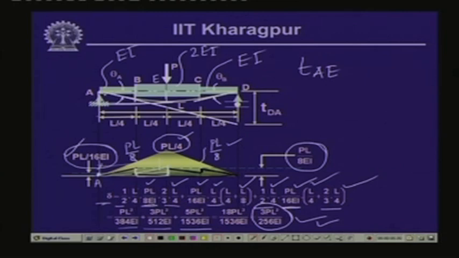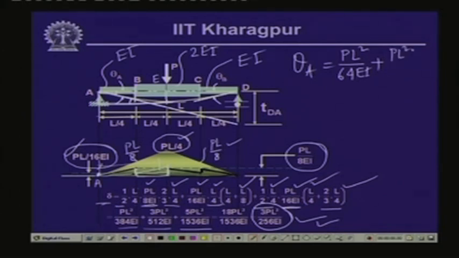When we draw the tangent to the elastic curve at this point, and the tangent to the elastic curve at this point, since this is 0, this equals the slope theta A. Hence, we can take the area between these 2 points to evaluate theta A. If we add up this area, the area is half L by 4 times PL by 8 EI, which is PL square by 64 EI, plus for this part of the area we have PL square by 64 EI again.